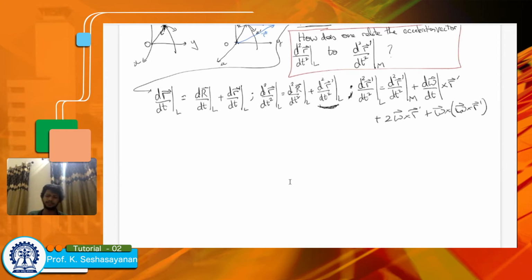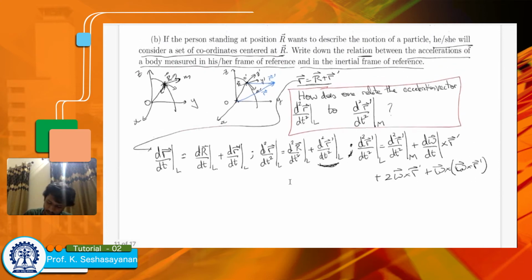So you have the same vector r prime, and you are just measuring it in two frames of reference. The vector itself remains the same, but since one coordinate system is fixed and the other is moving, you have this relation, which relates the same vector r prime to these fictitious terms.